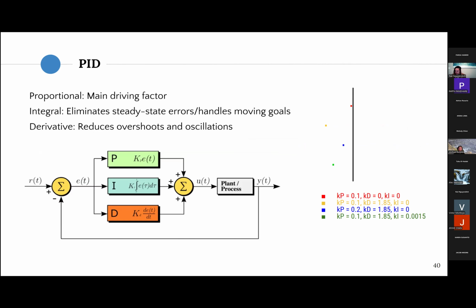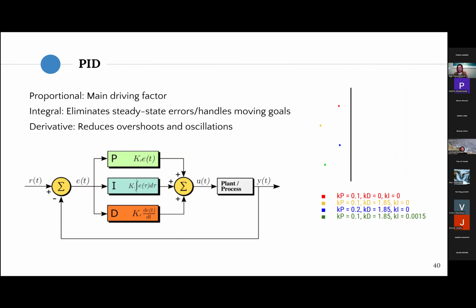The yellow one dampens things and reduces some of the overshoots and oscillations. You can see it's a lot steadier than the red one, but it still doesn't catch up. And then we only actually catch up with the green one, because you can see it's slowly accumulating errors, and that gives it the strength to fully catch up to the moving target.